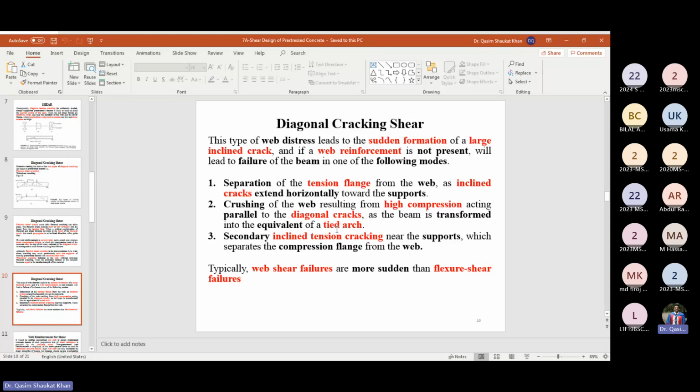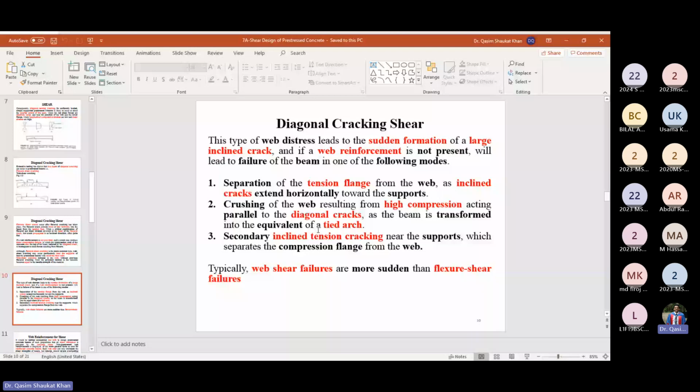This tied arch concept is used in the shear design of RC beams, and very similarly in the shear design of pre-stressed concrete beams. So the second possibility is the crushing of the web resulting from the high compression, which acts parallel to the diagonal cracks as the beam is transformed into the equivalent of a tied arch.